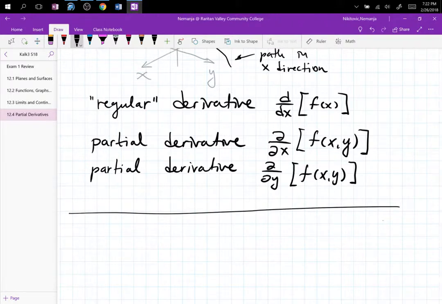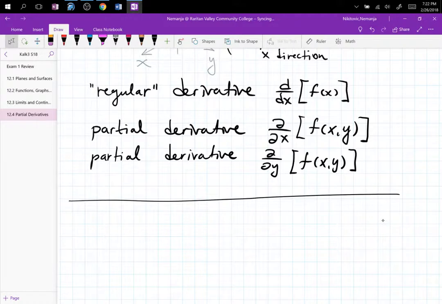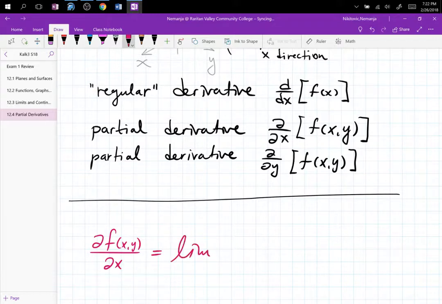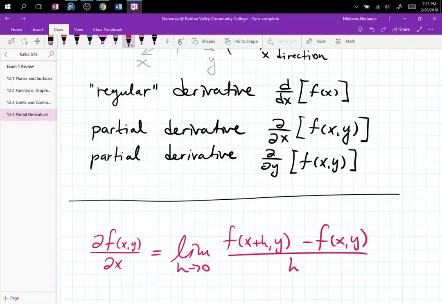On to the definition, because we all know that we have those limit definitions. The partial derivative of f(x,y) with respect to x is the limit as h goes to 0 of f(x+h, y) minus f(x,y), divided by h.